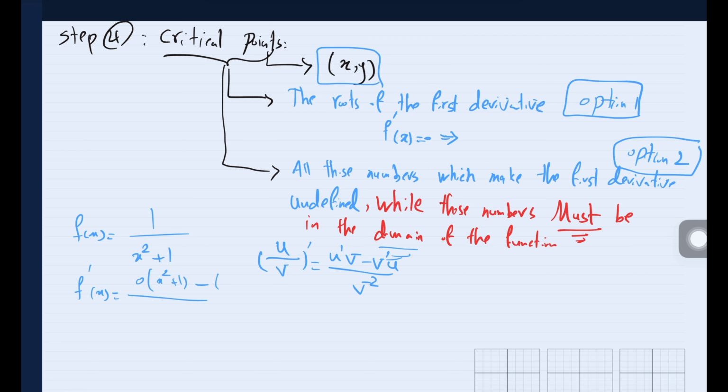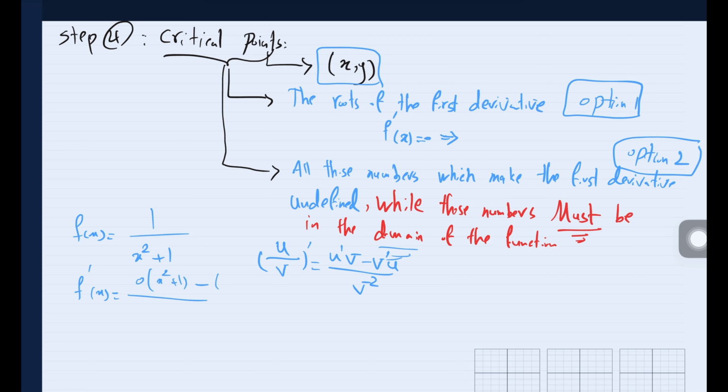So in this case, to find any possible root, I have to set this equation equal to 0. So I'm going to have negative 2x equals 0, so x is going to be 0. So x equals 0 could be my critical point if that number is in the domain of the function. I check the domain of the function, and yes, x equals 0 is still a valid option.